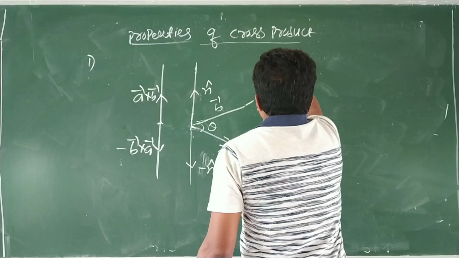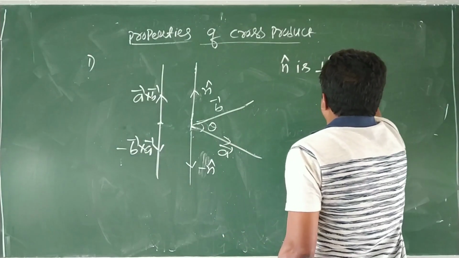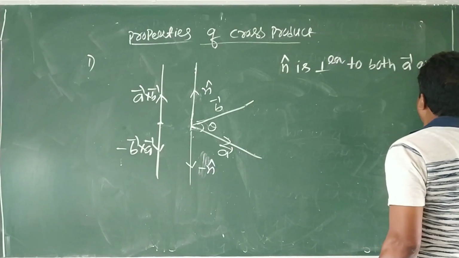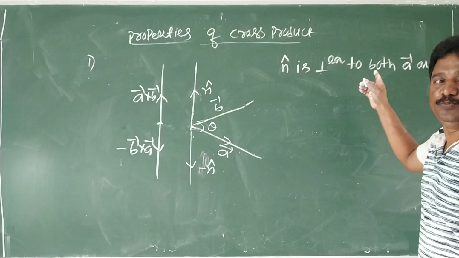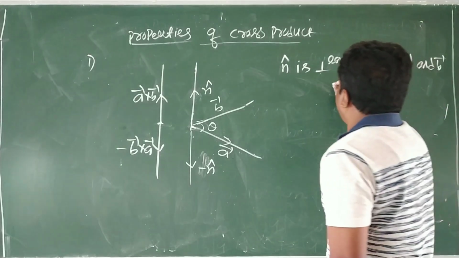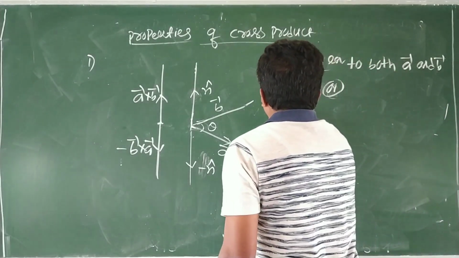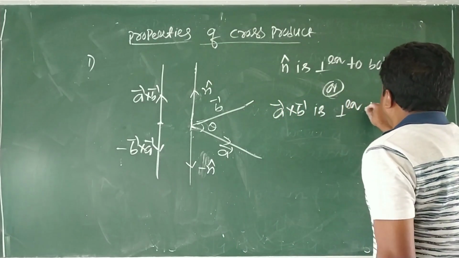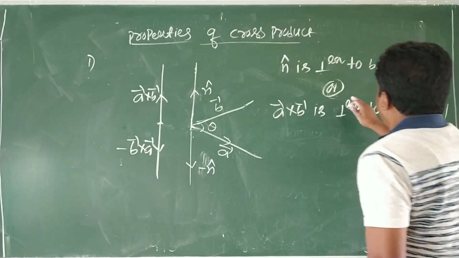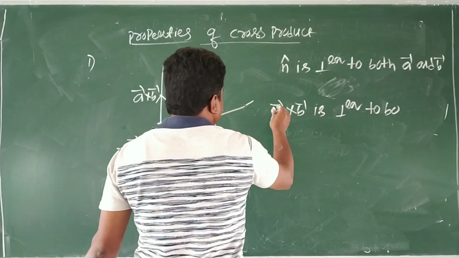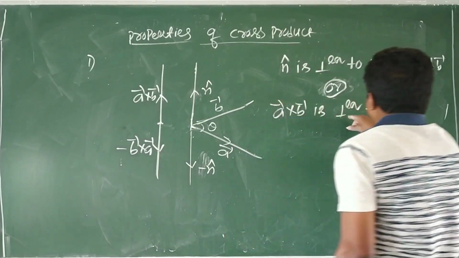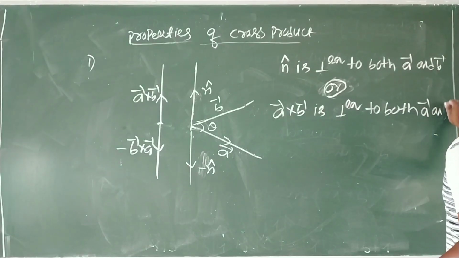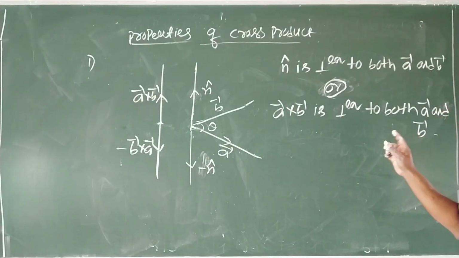N cap is perpendicular to both vector A and vector B. So that implies A cross B is perpendicular to both vector A and vector B. I hope you understood this, students.